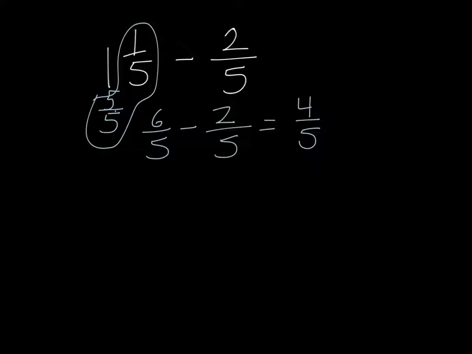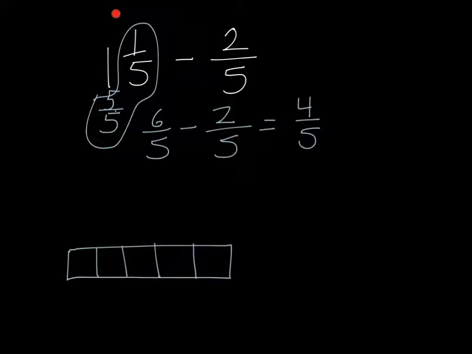Now let's see what that looks like with a tape diagram. Again, I'm working with the unit of fifths. So I am going to draw my tape diagram, and I'm going to break it into 5 equal parts. And because this fraction here is greater than 1 whole, I actually need to draw an entirely new whole, and again break that into 5 parts.